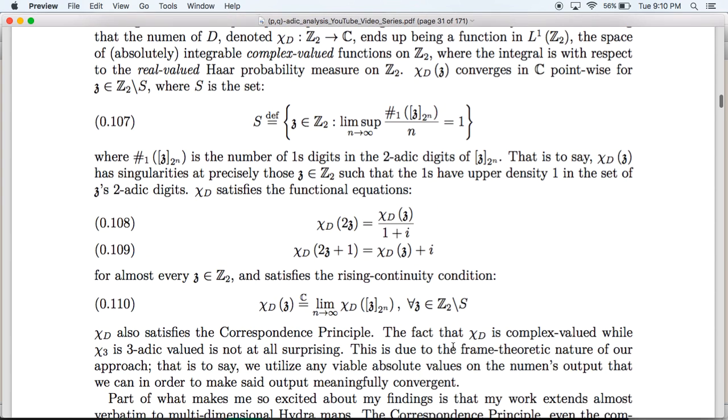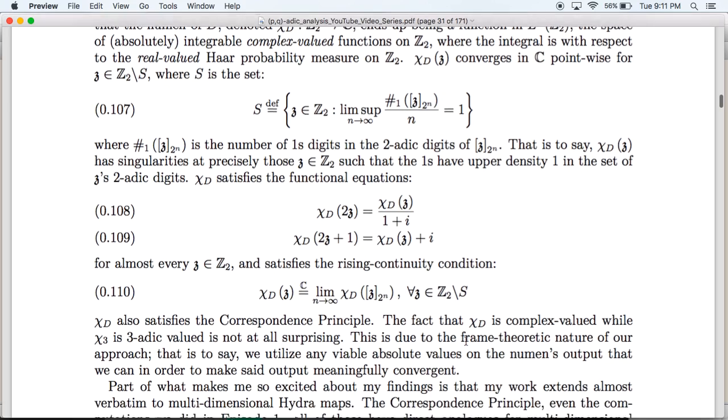So the fact that chi_D is complex valued while chi_3 is 3-adic valued is not at all surprising. This is due to the frame theoretic nature of my approach. That is to say, we utilize any viable absolute values on the Newman function's output in order to make said output meaningfully convergent.